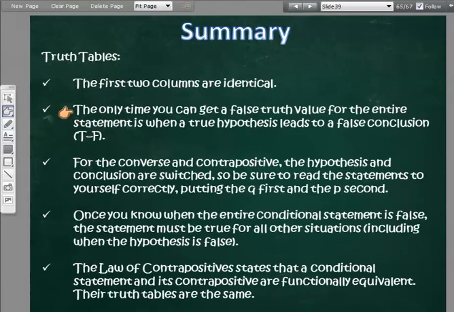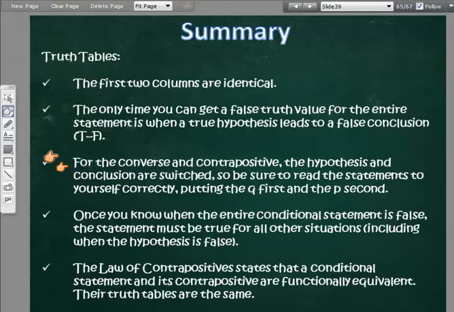Okay, the only time you get a false truth value for the entire statement is when a true hypothesis leads to a false conclusion. For the converse and contrapositive, the hypothesis and conclusion are switched. Be sure to read the statements to yourself correctly, putting the Q first and the P second.